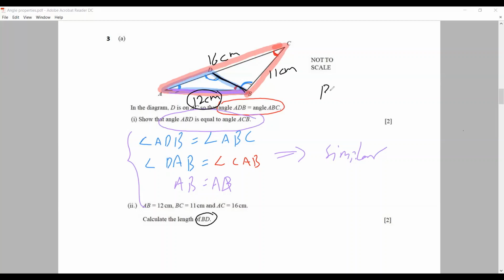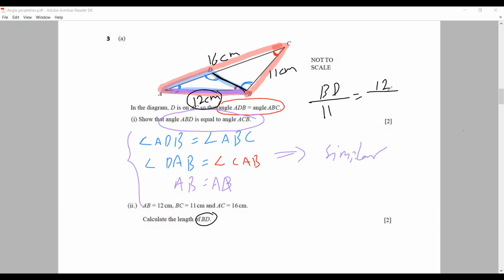It's a little bit tricky here to form those ratios because 12 is shared between them. So don't forget that we're looking for BD. So BD divided by, you have to find the corresponding side of DB on the bigger triangle. So DB on the smaller triangle is opposite to angle A. So what is the side opposite to angle A on the bigger triangle? That is 11. So instead of this question mark, you put 11. That's what corresponding side means, guys. So opposite the same angle. And then now I have 12.